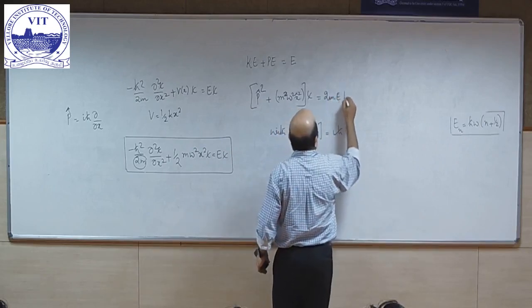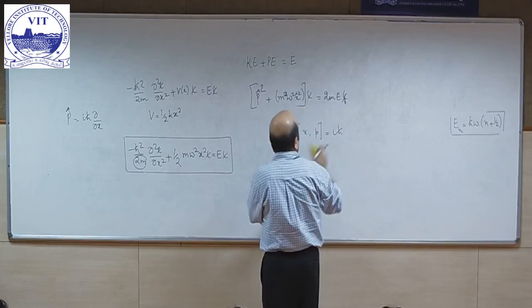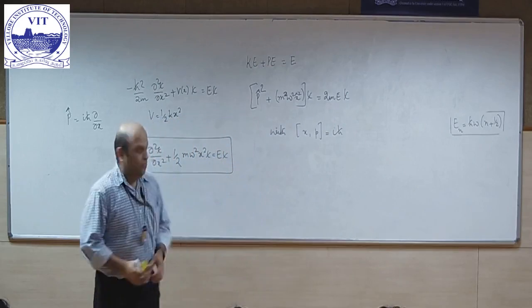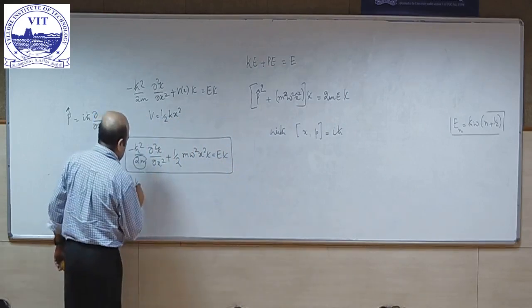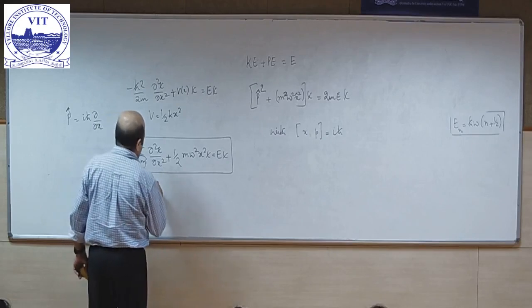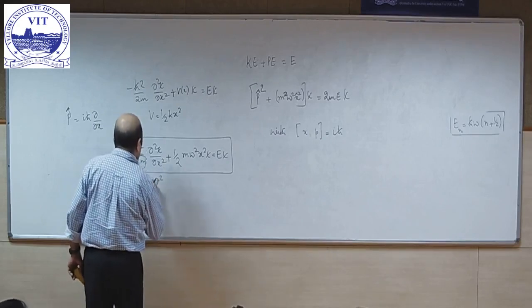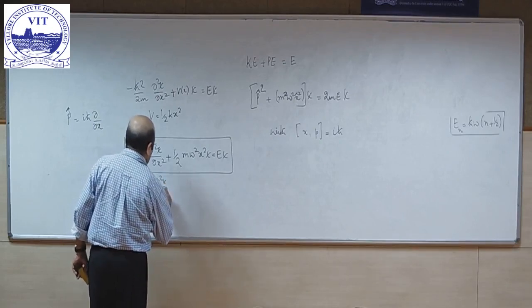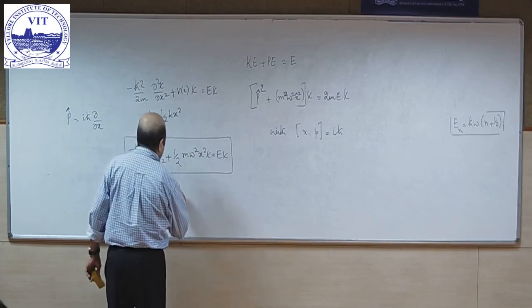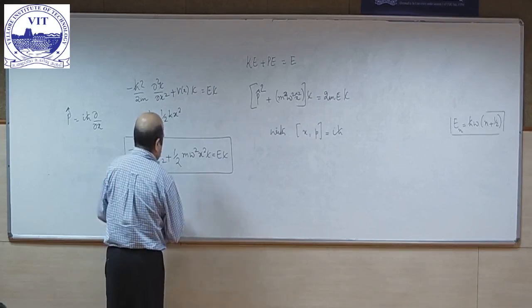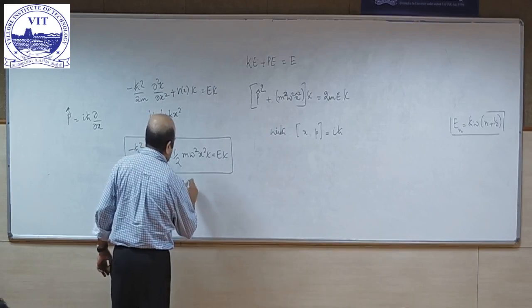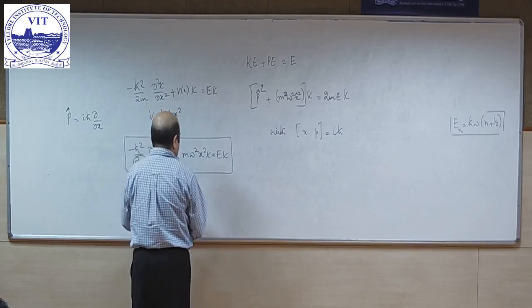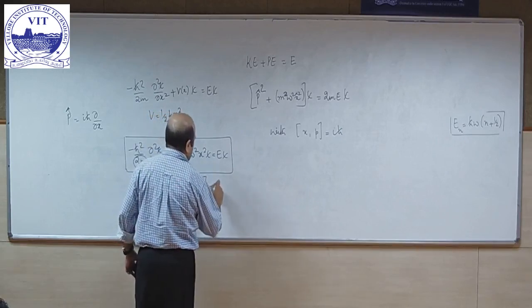What did I do? I just took this 2m outside, so you'll get minus h bar square del square psi by del x square plus m square omega square x square psi equal to 2m E psi.